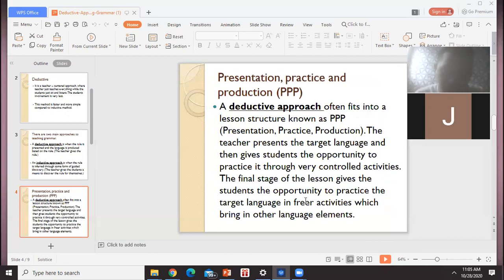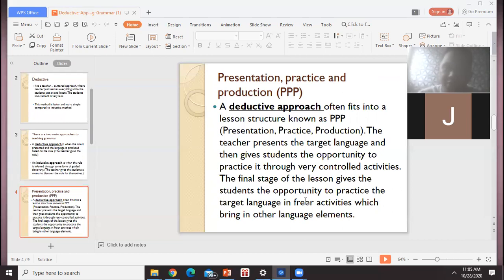Presentation, practice, and production (PPP). A deductive approach often fits into a lesson structure known as PPP: presentation, practice, and production. The teacher presents the target language and then gives students the opportunity to practice it through controlled activities. The final stage of the lesson gives the students the opportunity to practice the target language in freer activities which bring in other language elements.